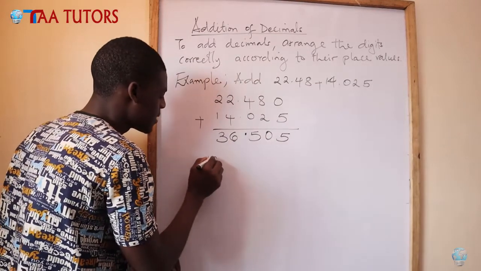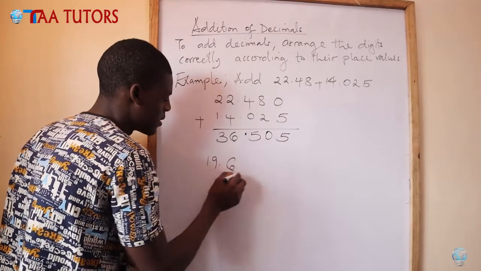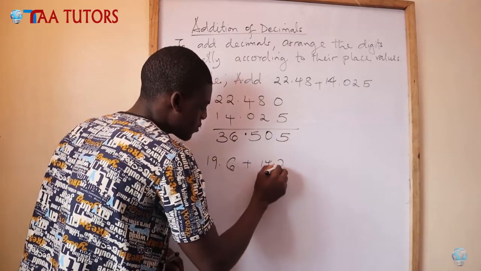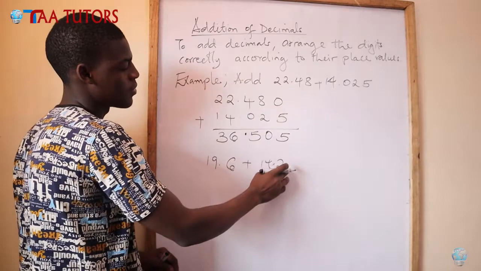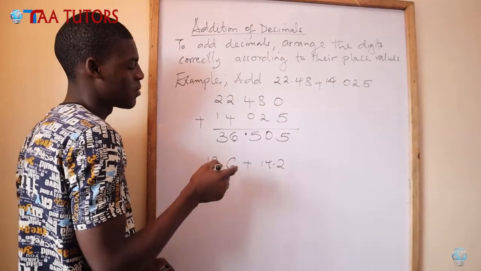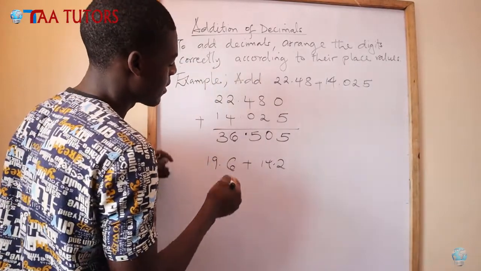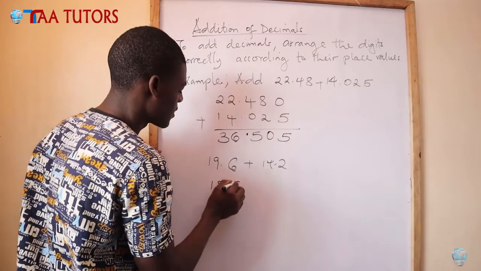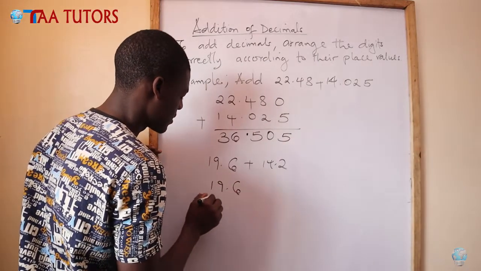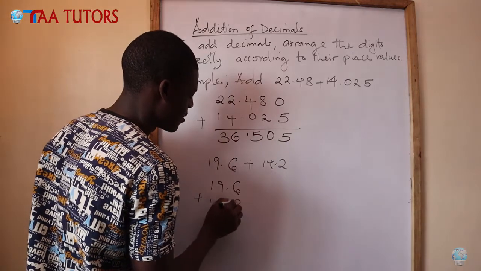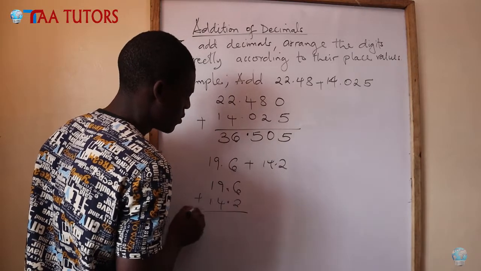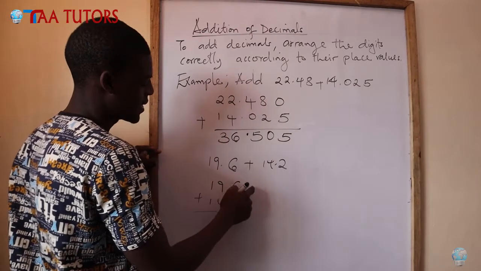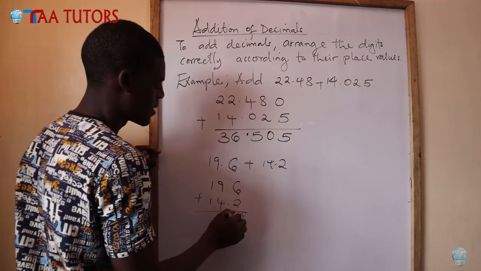We can try another one. That is 19.6 plus 14.2. In this case, both the numbers have 1 decimal place, so there is no need for us to add zeros. We will have 19.6 plus 14.2. 6 plus 2 is 8.